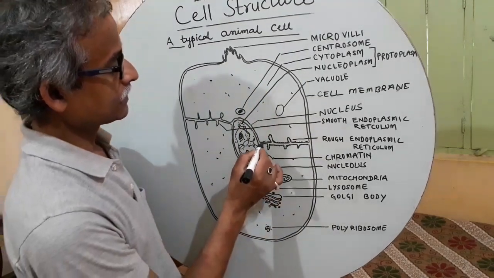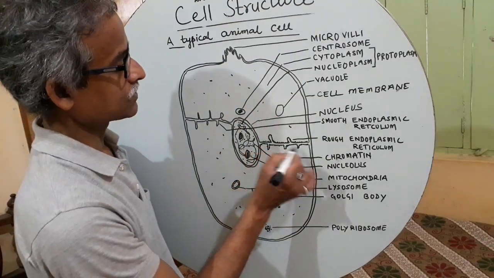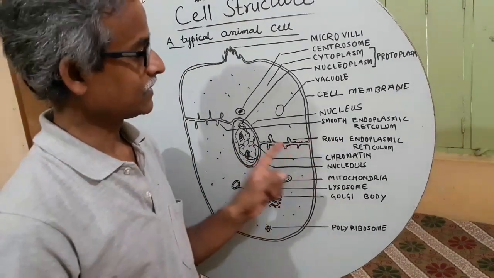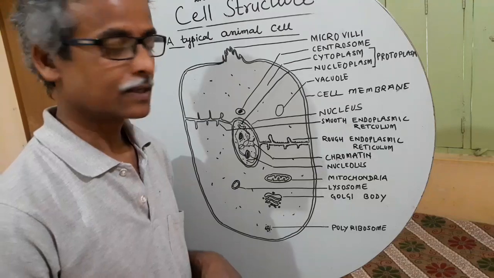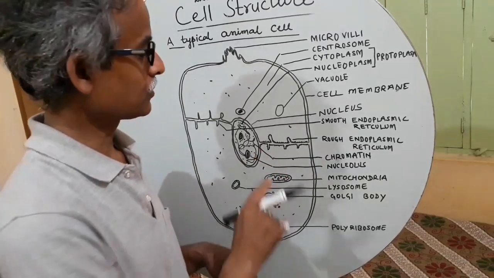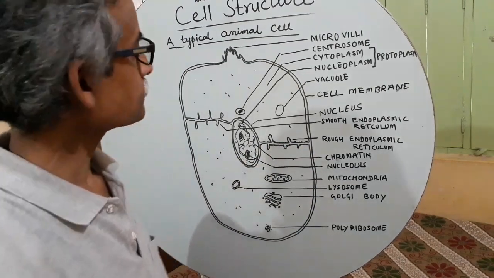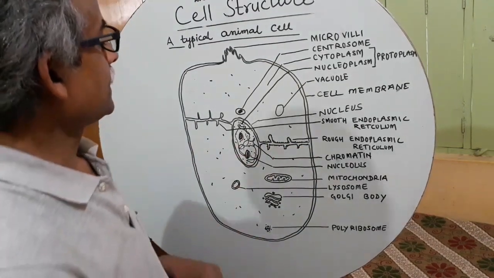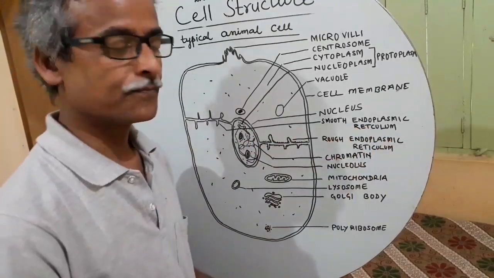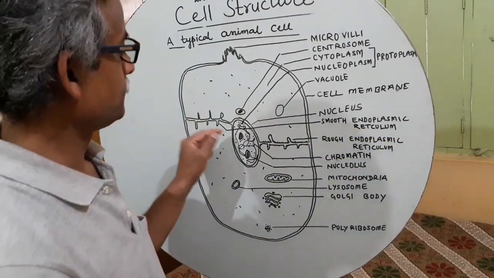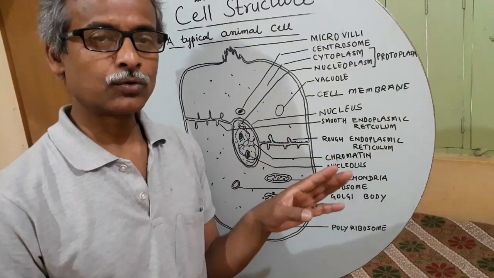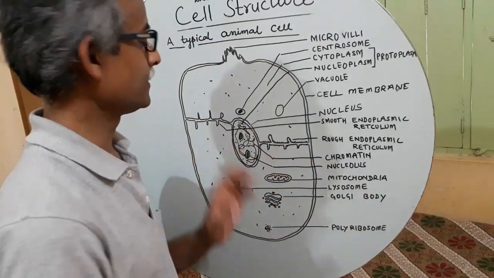You see here, there are granules, there are dotted structures. This is a rough endoplasmic reticulum. It is rough due to the presence of ribosomes on its membrane. On the other hand, there is a smooth endoplasmic reticulum, and this is because there are no ribosomes on its membrane.